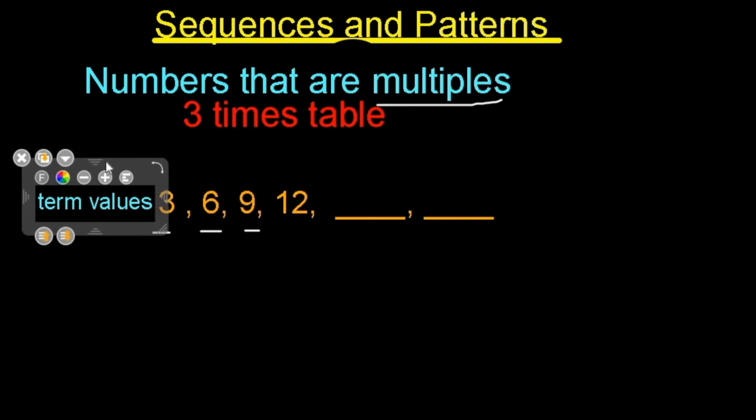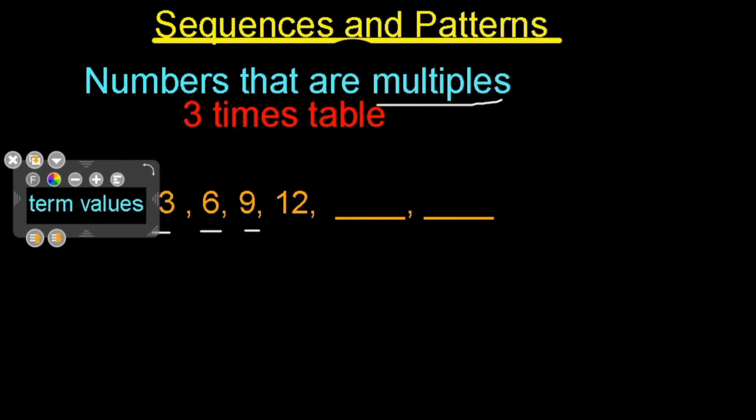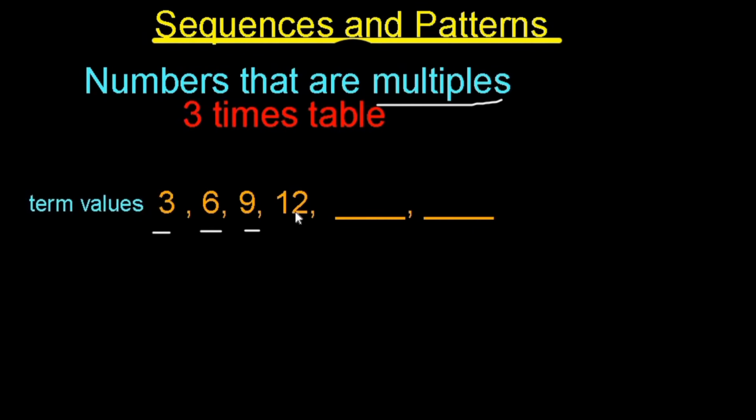So these are also called the term values. This is an important vocabulary word that you need to understand: these terms 3, 6, 9, 12 that are the multiples of 3 are called term values. Now 3 is at the first position, 6 is at the second position, it's the second term, 9 is the third term, and in the same way 12 is the fourth term, and so on.